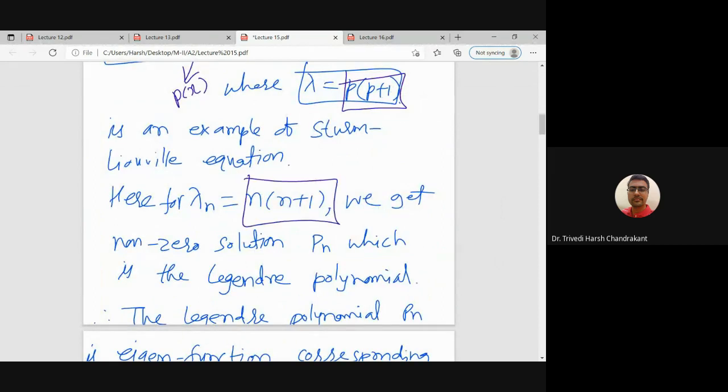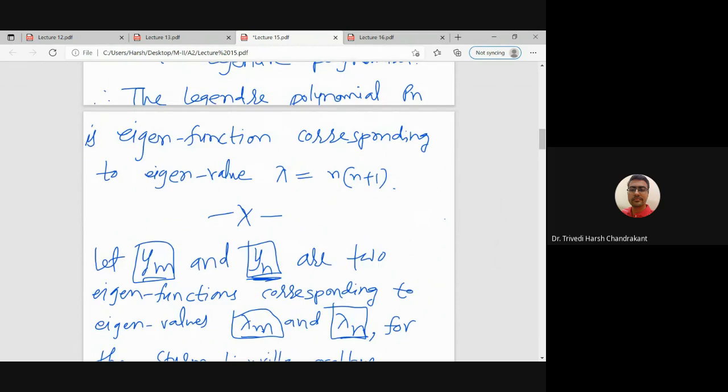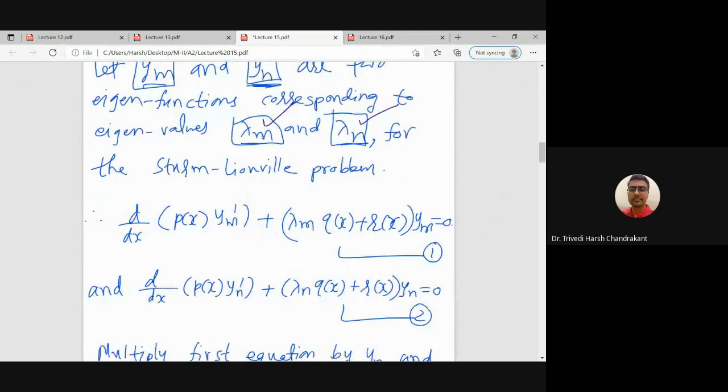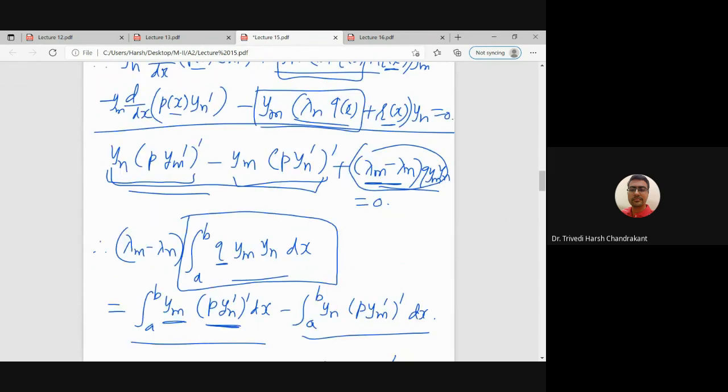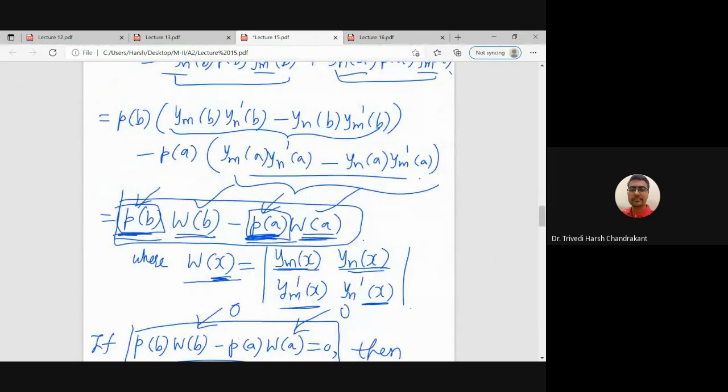Then we have seen that for different values of lambda depending on the natural number, we have different non-zero solutions, which are the Legendre polynomials, and Legendre polynomials are orthogonal if m and n are different. So that concept we have extended here: if we have two eigenfunctions corresponding to two eigenvalues, then using the same steps which we used to prove the orthogonality of Legendre polynomials, we will get the orthogonality of the eigenfunctions ym and yn depending on whether this term is 0 or not.